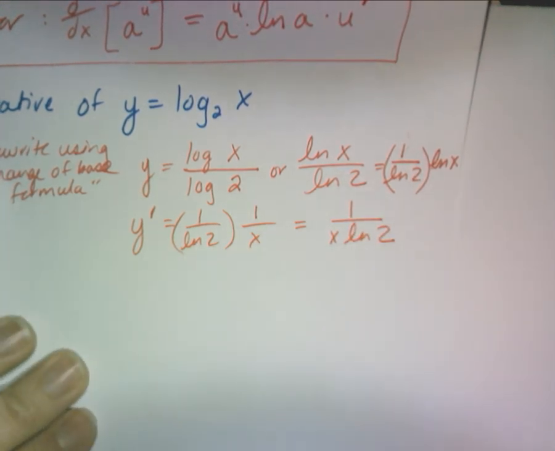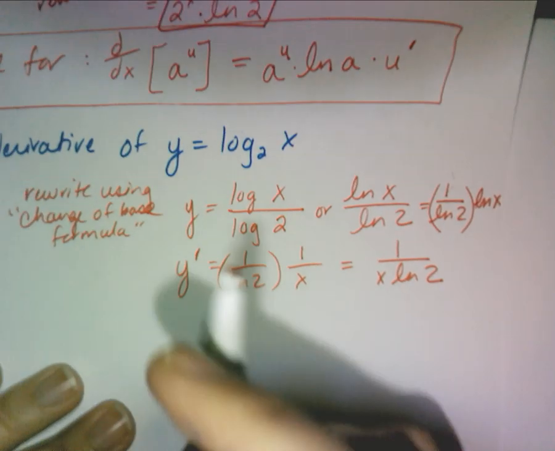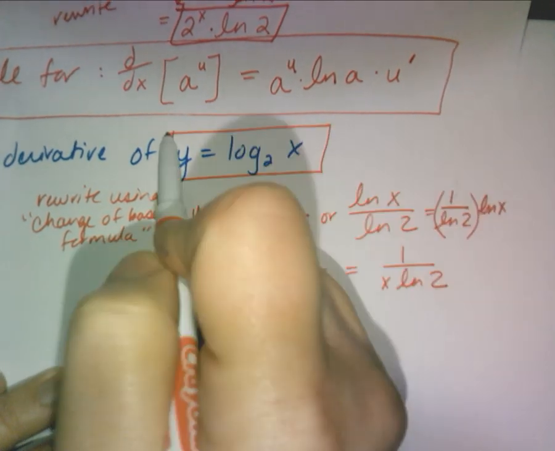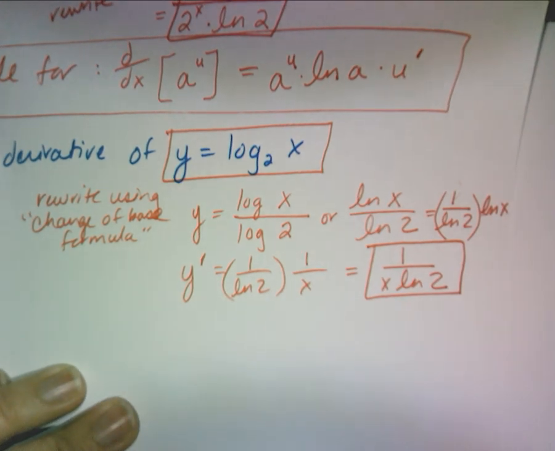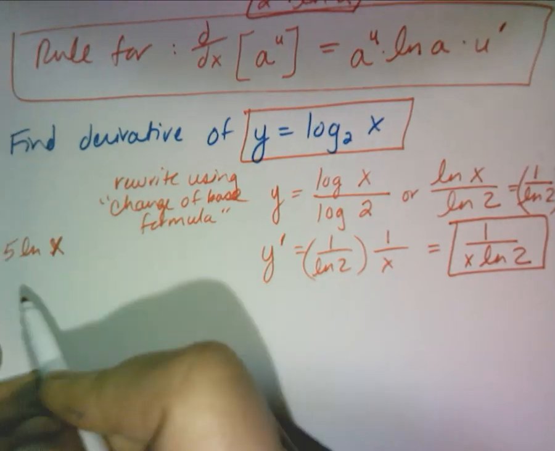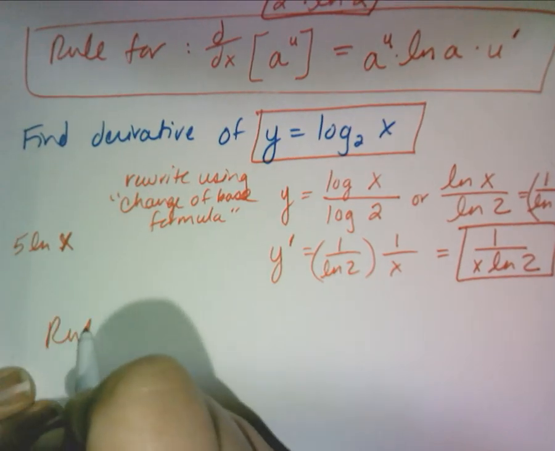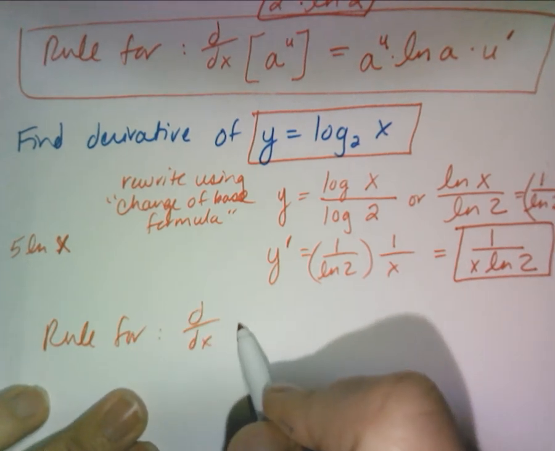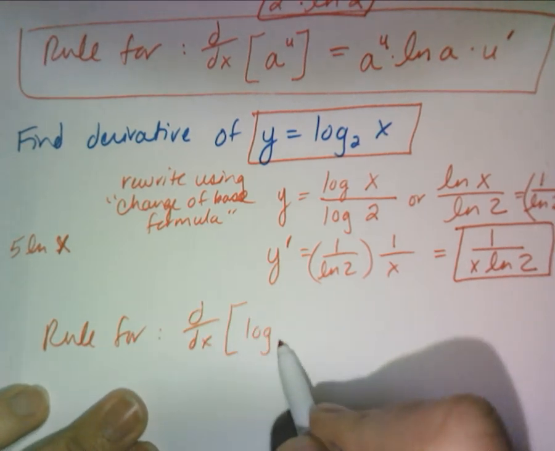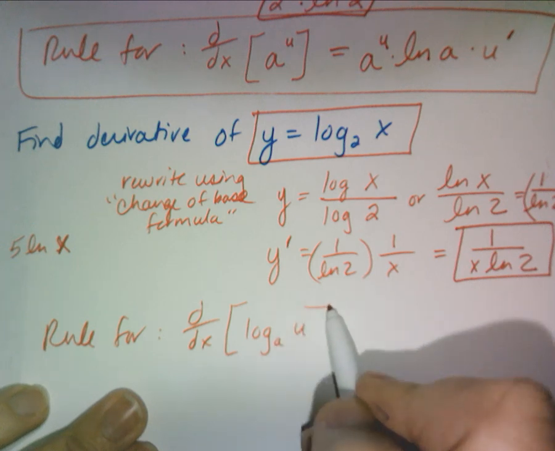Okay, now, once again, let's try to go with a rule from here to here. Can you give me a rule from here to here? What would be a general rule that you'd write? Rule for the derivative of, let's call it, log base a of u.